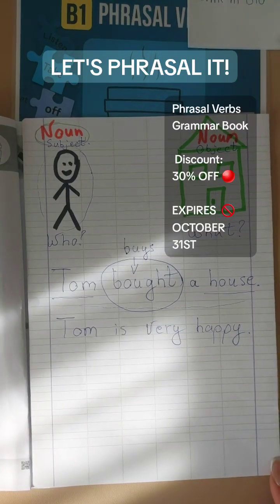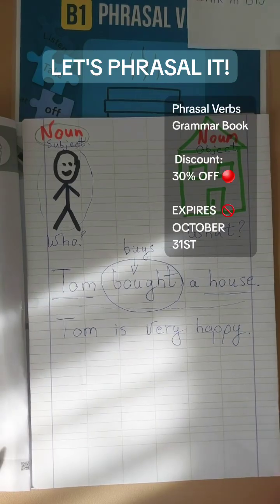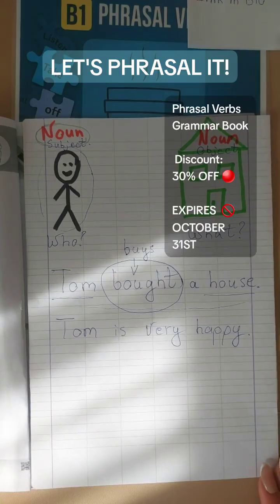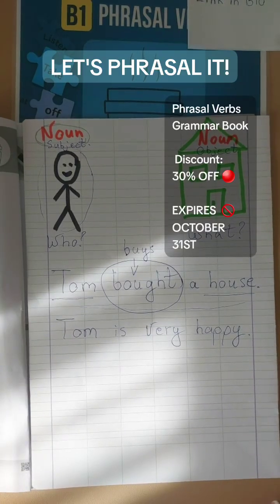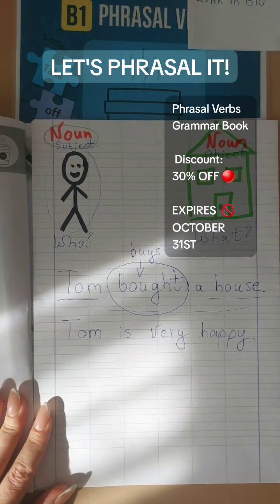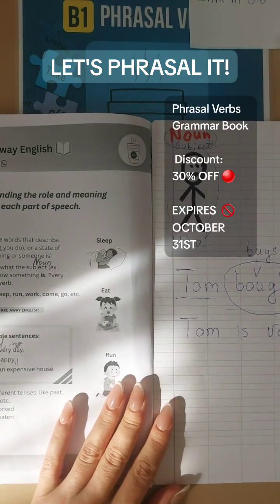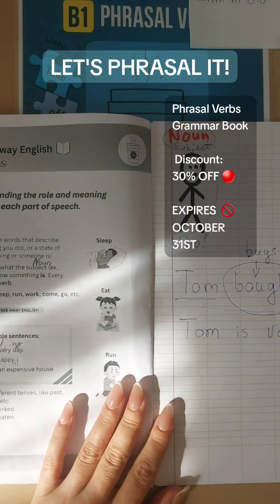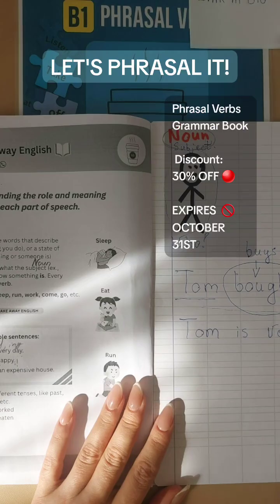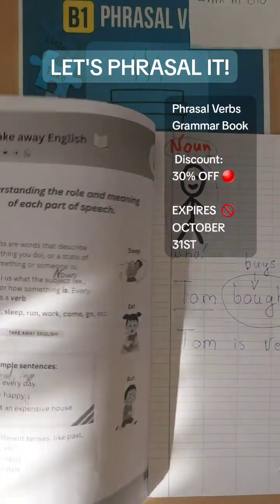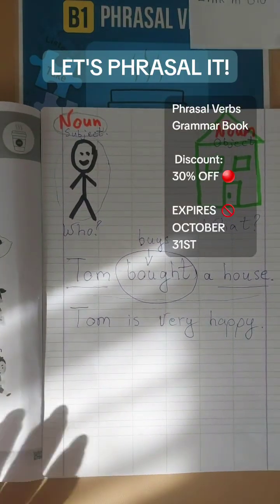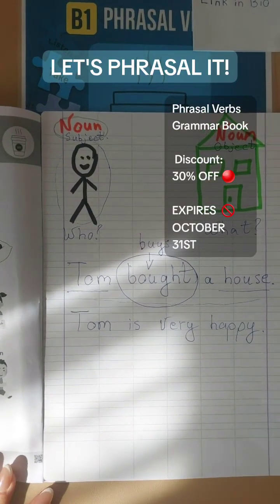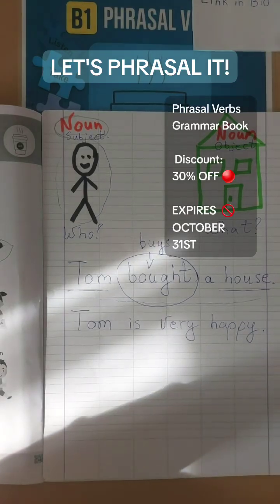Okay, everything's clear. Can you please provide some examples of verbs in English? Thank you. Thank you for the rose, Elias. Okay.